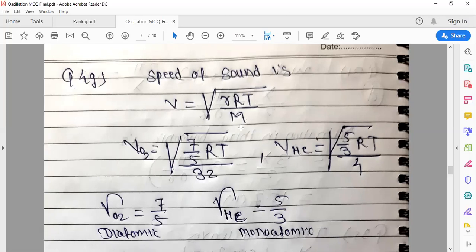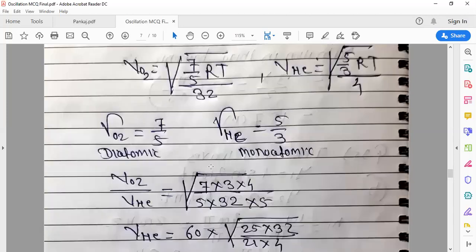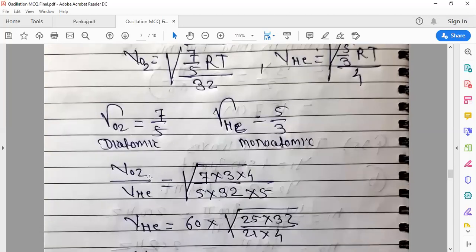So gamma for oxygen and helium. For oxygen, the gamma value is 7/5, diatomic. For helium, monoatomic, it is 5/3. So put the values of gamma of oxygen and helium in the equation of speed. We get these two equations. Then the velocity ratio, velocity through oxygen and velocity through the helium medium.